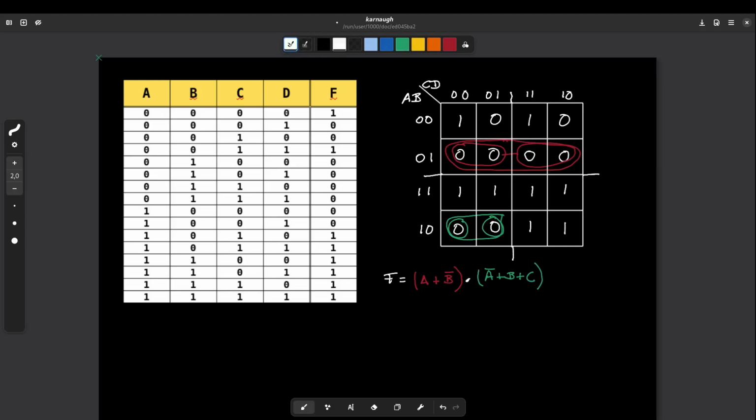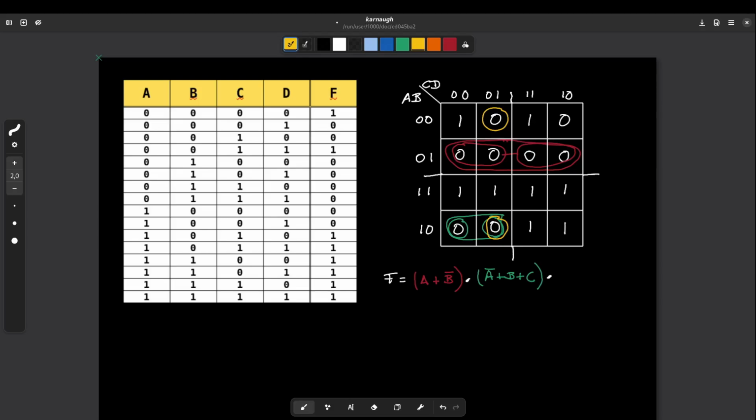The following one, for example, could be this zero. I can group this zero with this zero because they are logically adjacent.